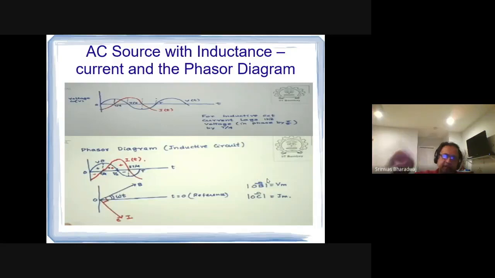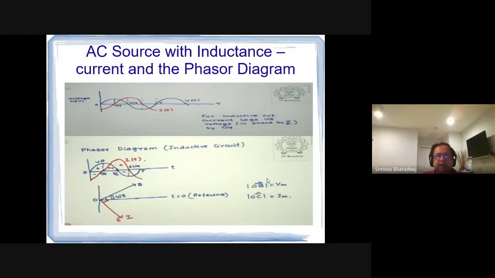Think of the phasor diagram as something that's rotating along with time. So at t equals 0, in the circuit, the power is at some angle. You remember that the sine wave is now being converted into a circle. Sine waves and circles are synonymous.